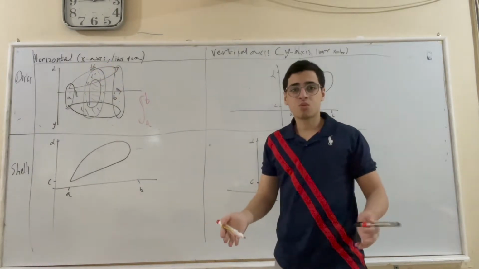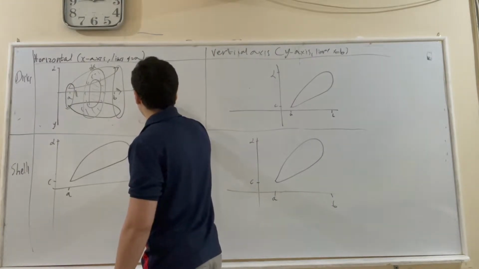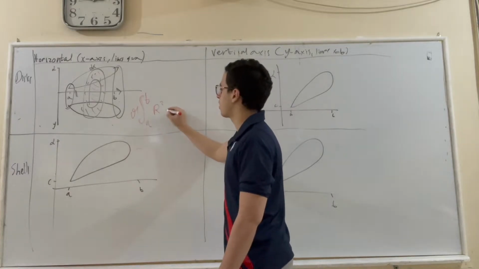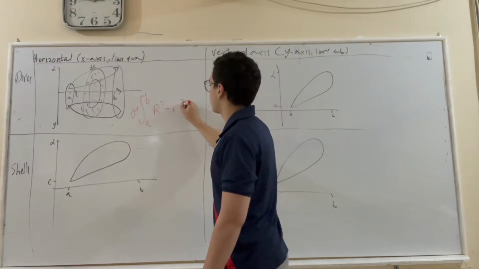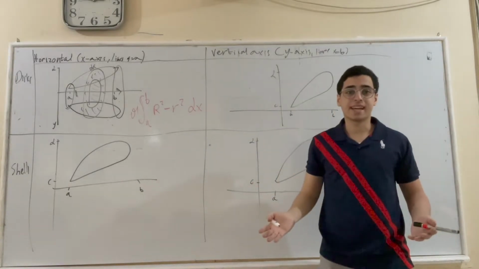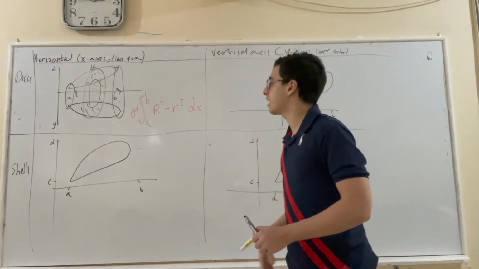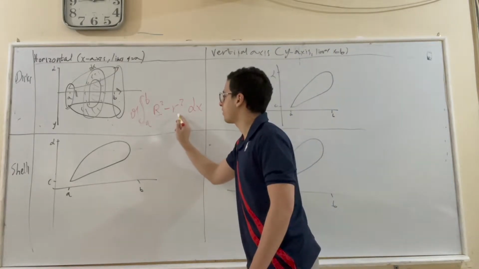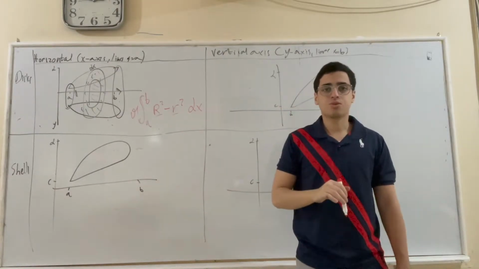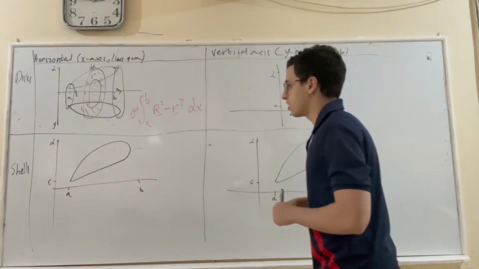So it's outer radius squared minus inner radius squared, with a pi outside, with respect to dx, because we have a dx thickness. So this is how our equation would look. Of course, we cannot have a y variable here. It has to be an x variable to actually be able to solve this equation.